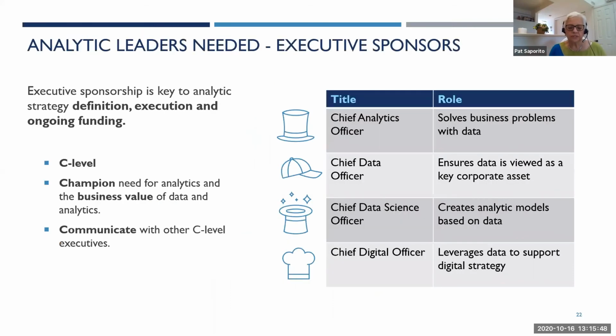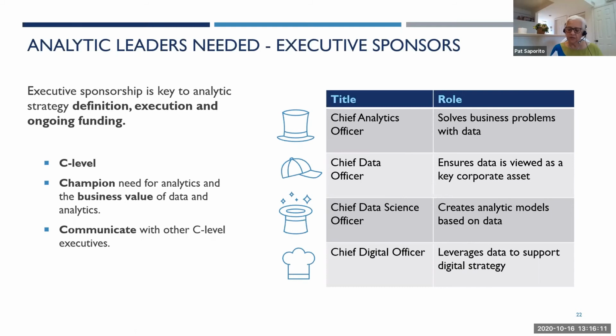So I mentioned I was going to talk about leaders and leadership being so important. And I playfully listed these hats on the right-hand side and tried to explain at least my view of what the roles are. So the Chief Analytics Officer is really solving business problems with the data.